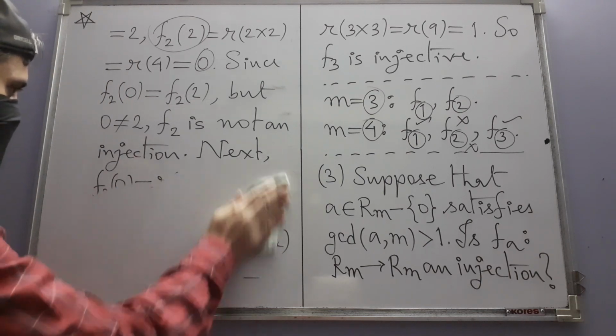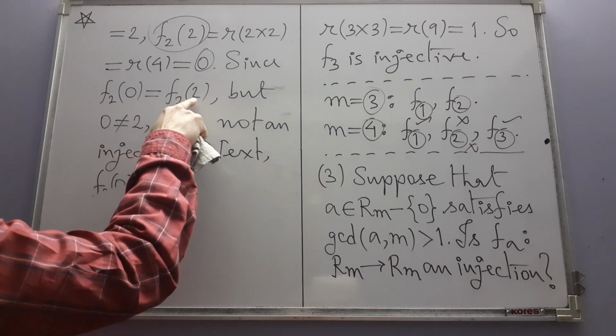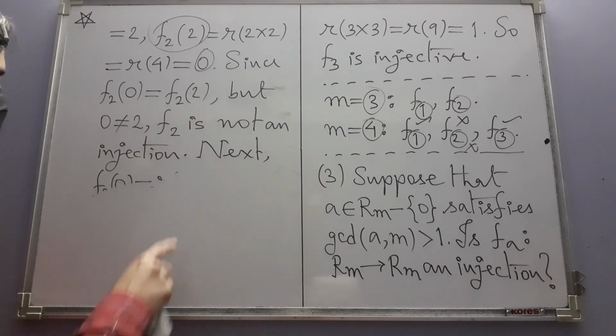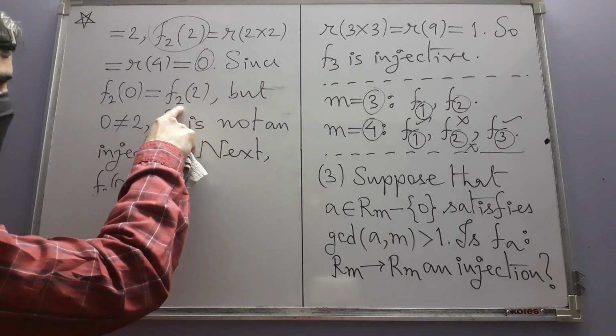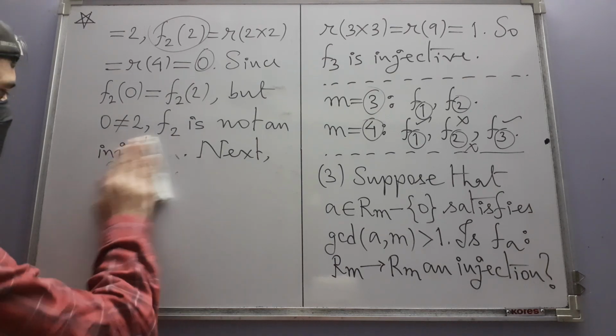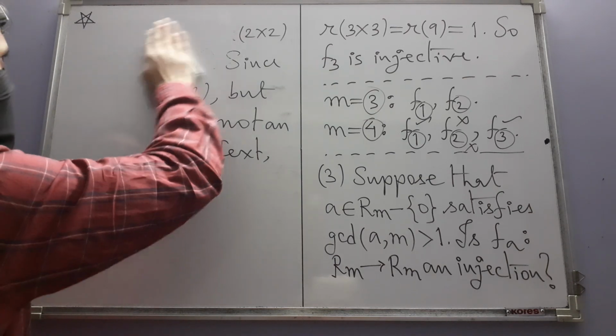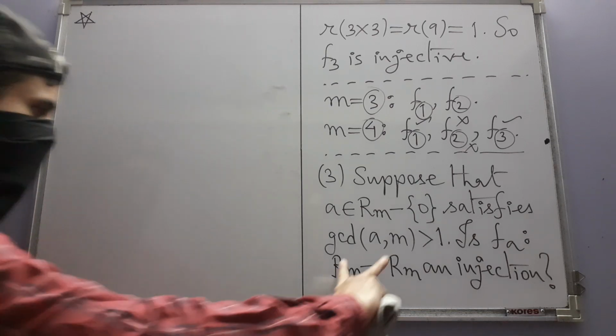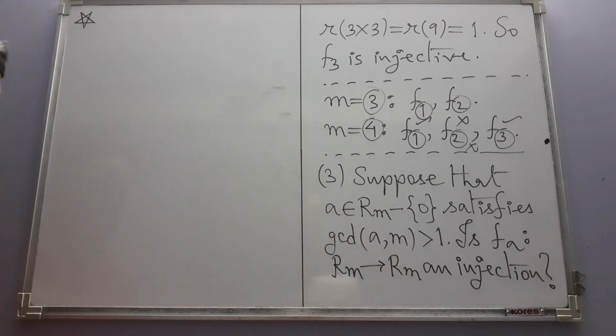The goal is to somehow create M here or a multiple of M. For example, here we created a multiple of 4 itself. So when you calculate its remainder function value, you get 0. And of course, we are going to use this condition.